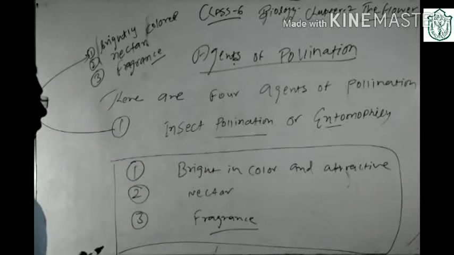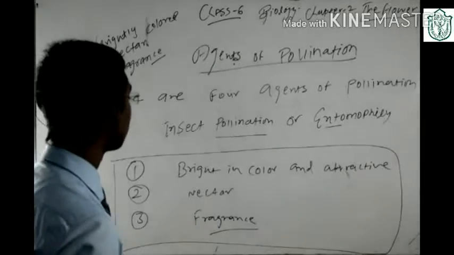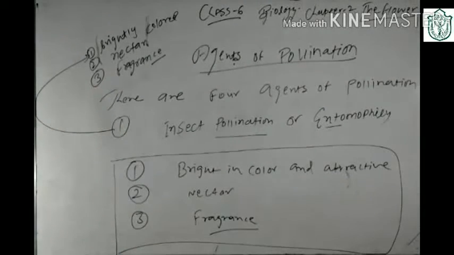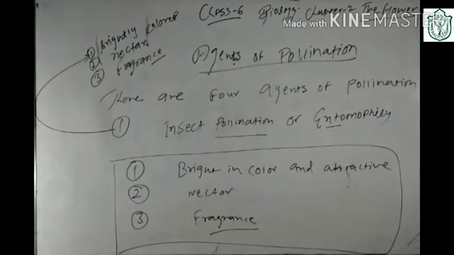What happens in this type of process? After having these three characteristic features, the insects get attracted towards the flower and they sit on it.